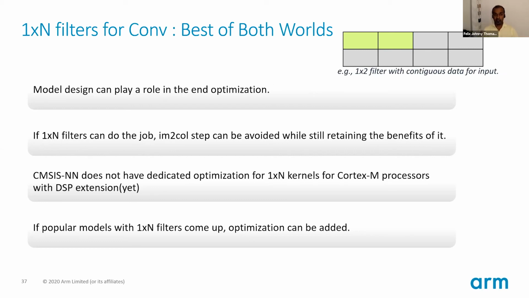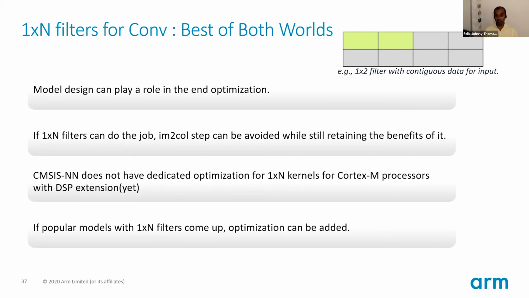What a 1/n filter is, is that it just has one row, so that your data is already contiguous. So you don't have to do any rearrangements. Just think of it as an expanded use case of the 1/1 convolution.